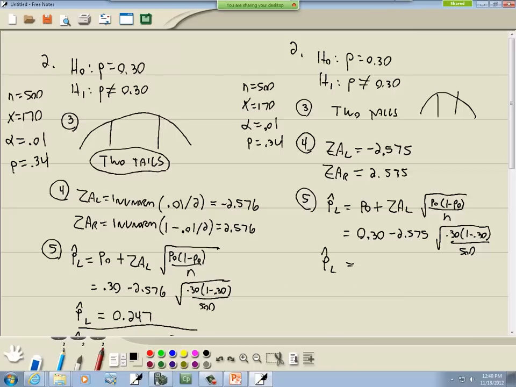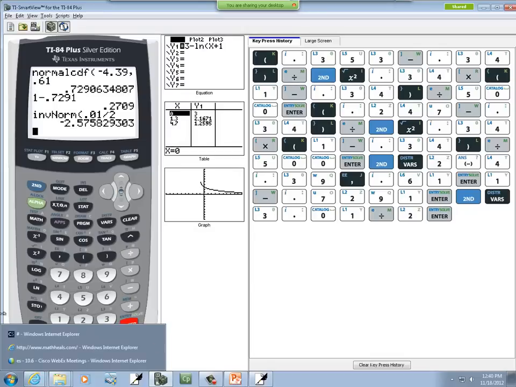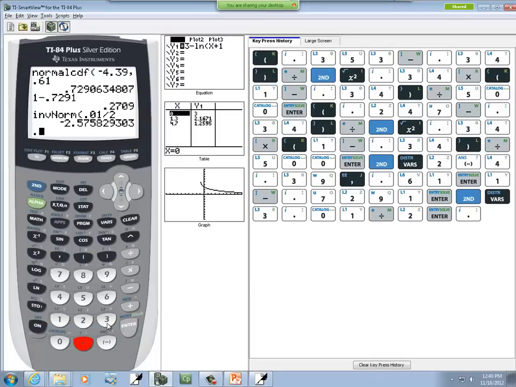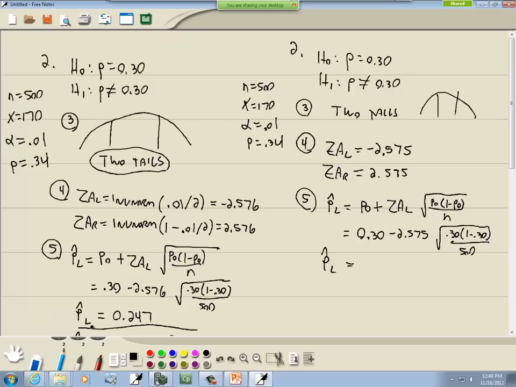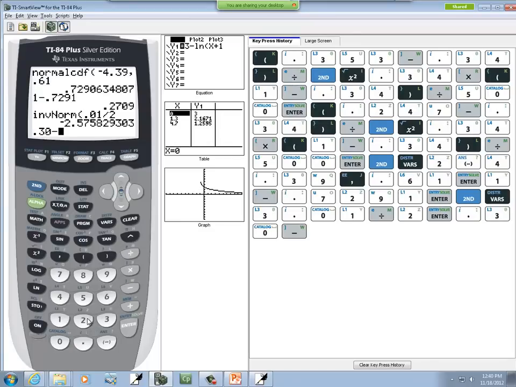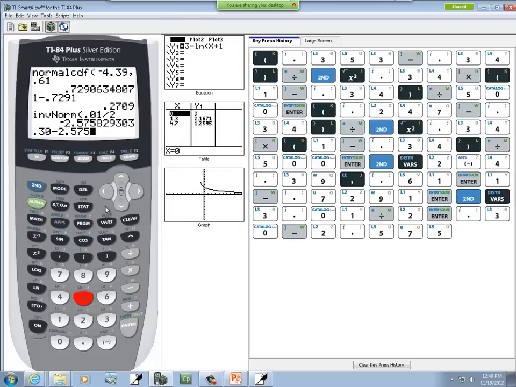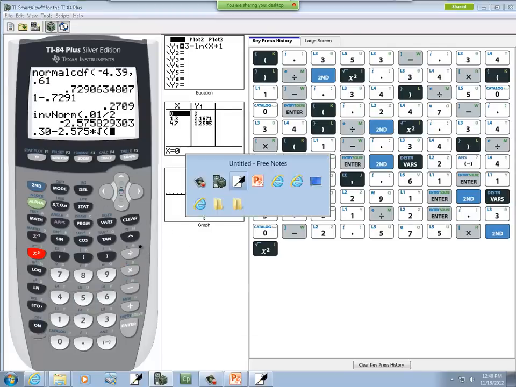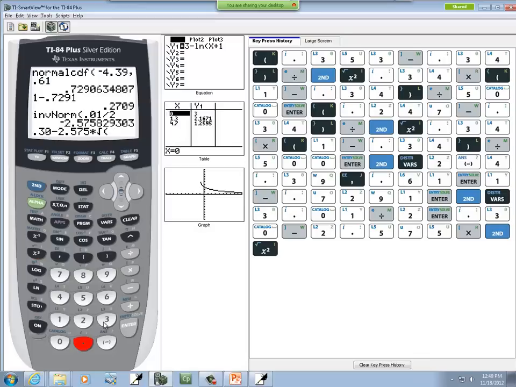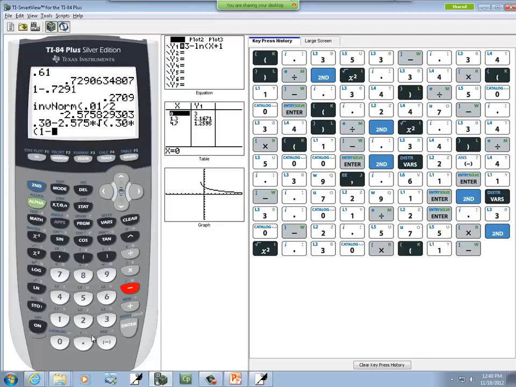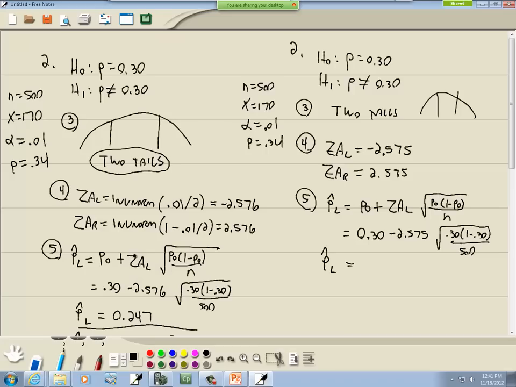So P hat sub L, 0.30 minus 2.575 times square root of 0.30 times beginning parentheses 1 minus 0.30 closing parentheses divided by 500.